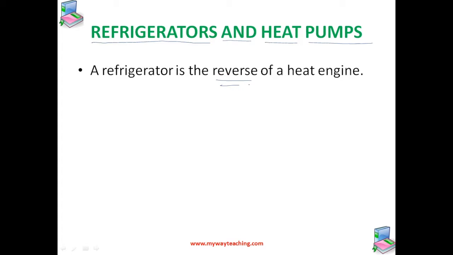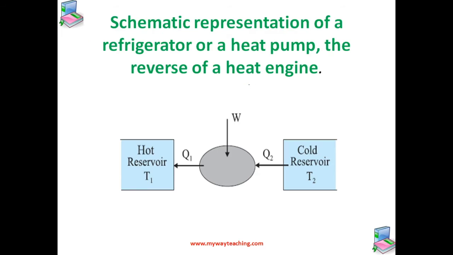Because here the working substance extracts heat Q2 from the cold reservoir at temperature T2, and some external work W is done on it, and heat Q1 is released to the hot reservoir at temperature T1. You can see that in this particular figure. It is the schematic representation of a refrigerator, or you can say a heat pump, which works as the reverse of a heat engine.